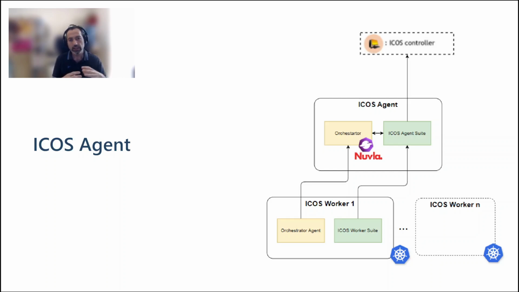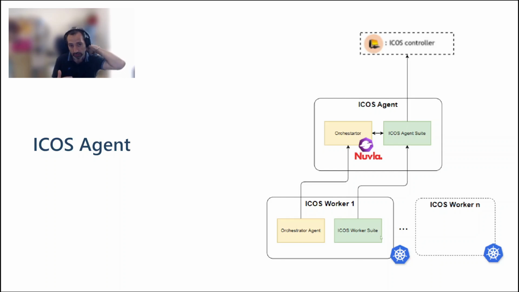Now, as we said, the orchestrators that we took into consideration are not single-node orchestrators, but they can manage multiple nodes or even multiple clusters like OCM. We introduced the concept of the worker.